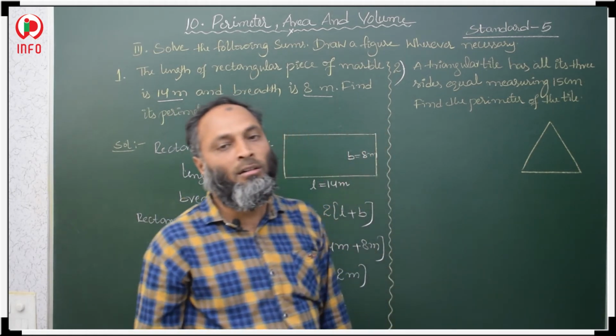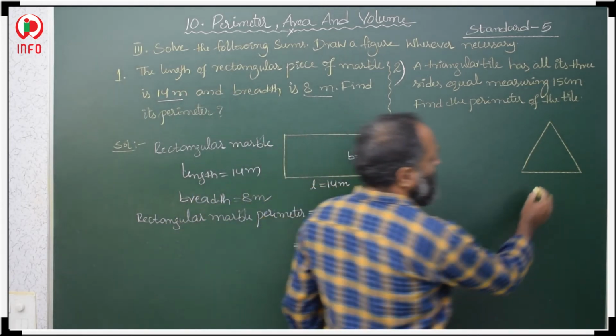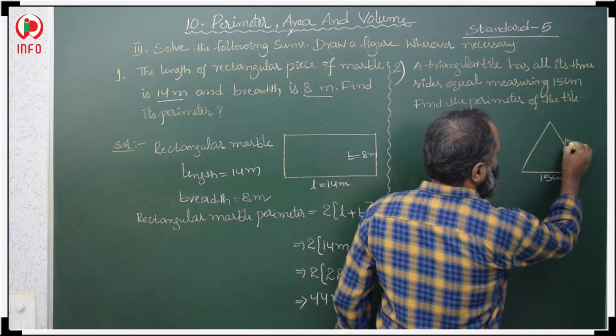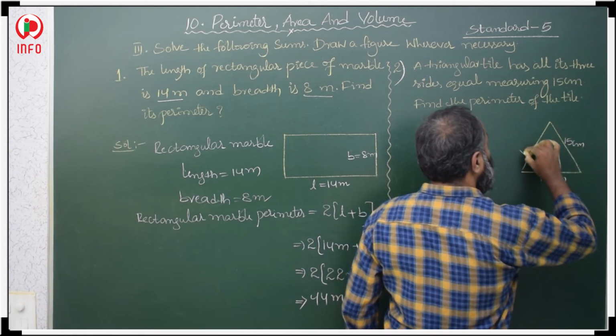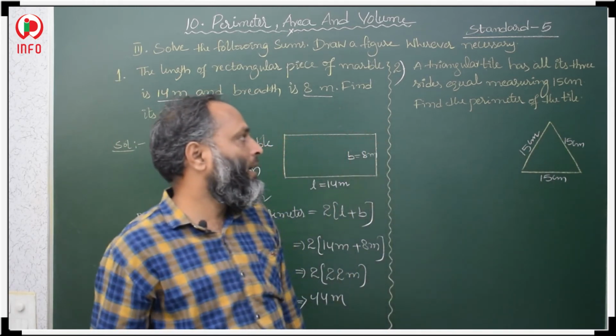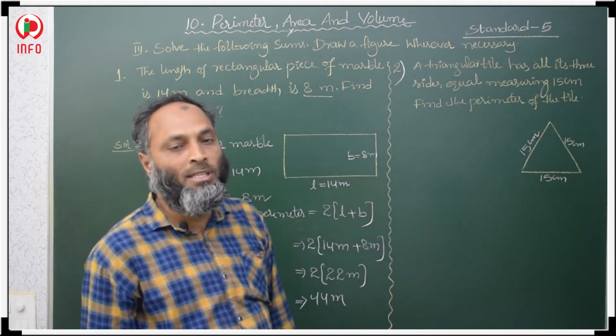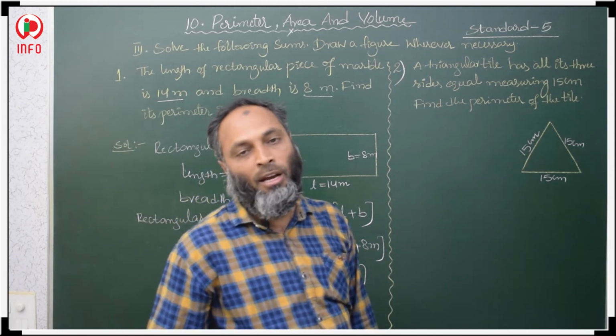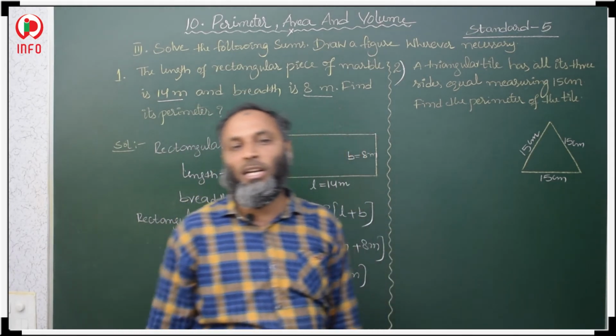So all the 3 sides are equal. So each side is 15 centimeters. If all the 3 sides are equal, then what is the perimeter of this tile, he is asking. If we add all the sides, then you will get perimeter.